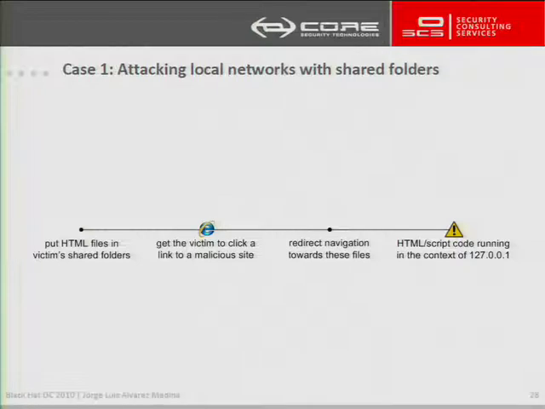The first scenario has this series of steps. The attacker has to manage to put HTML files in the victim's shared folders in a local intranet environment. It is quite common to find shared folders with write permissions, so someone in the network could just put an HTML file in there.